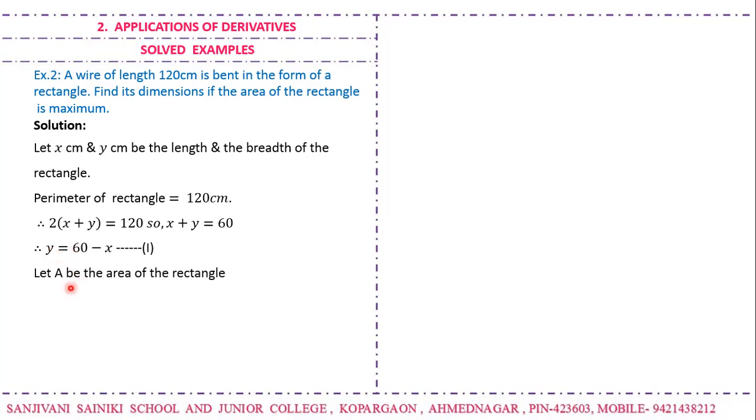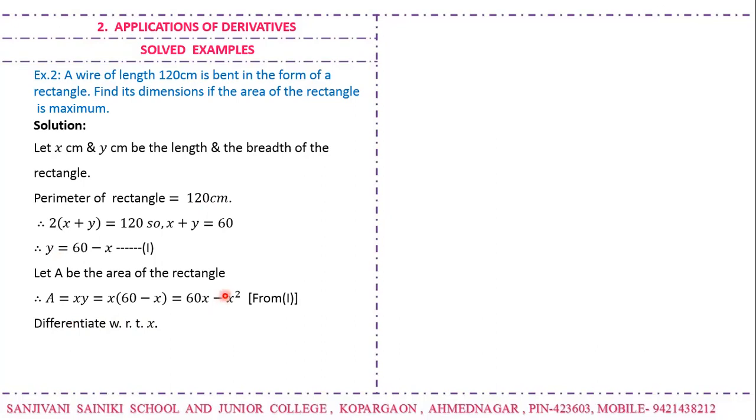The area of the rectangle is length into breadth. Length is x, breadth is y, and y is 60 - x. So take their multiplication. This is our function which we have to optimize, that is, maximize or minimize.